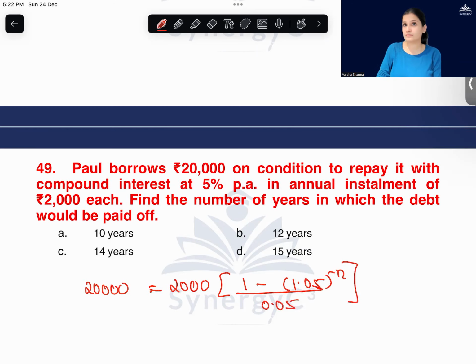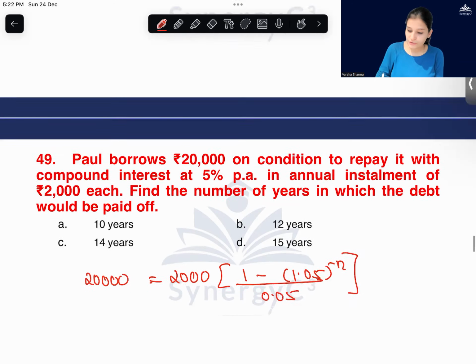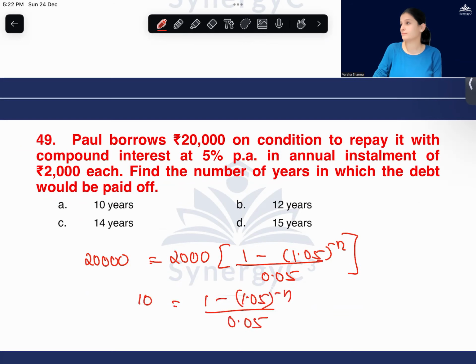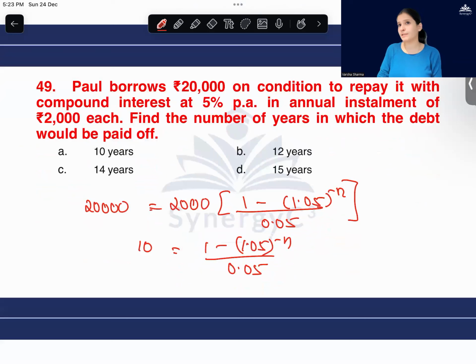So 2,000, you move it to that side. That is 10. Now go for trial and error and see which option gives you the nearest value to 10. You can also simplify a little bit more if you want to, but doing trial and error at this stage is enough. Try and see which one gives you a nearer answer.